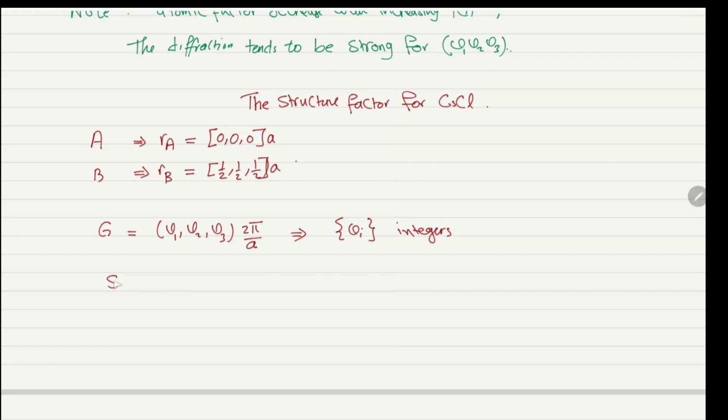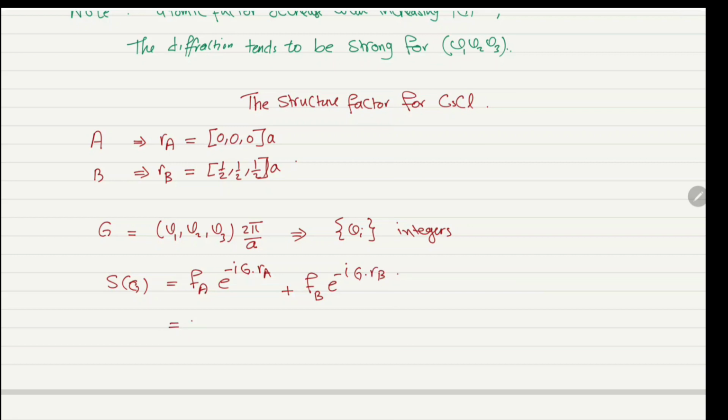Therefore, the structure factor is equal to the form factor for atom A e to the minus i G dot r_A plus the form factor for atom B e to the minus i G dot r_B.